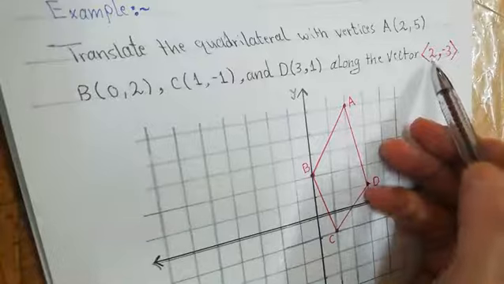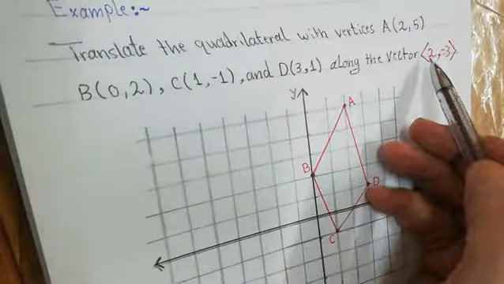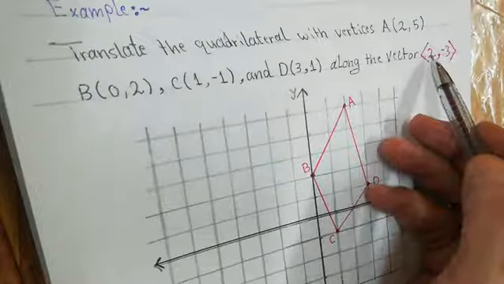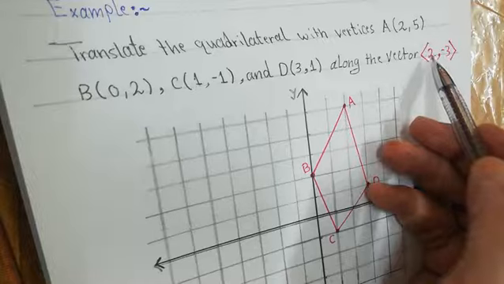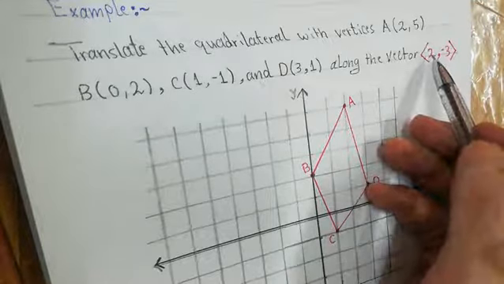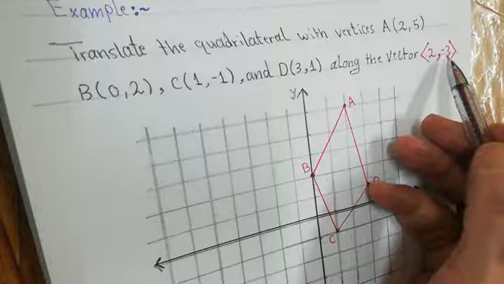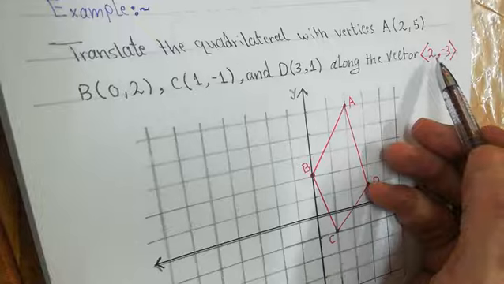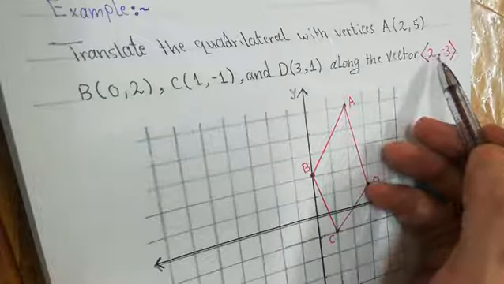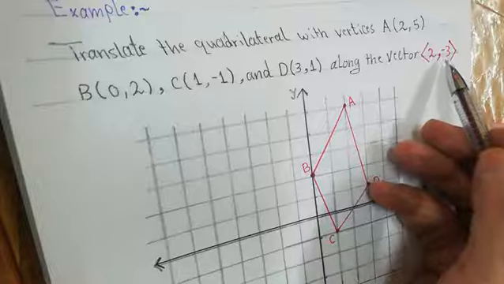So you will add 2 units to the x coordinate of each vertex and subtract 3 units from the y, because this is negative. Or you will move 2 units to the right and then 3 units down.